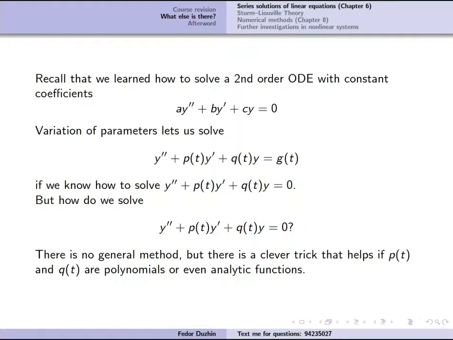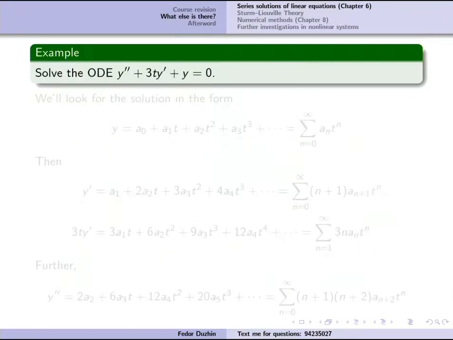Actually there is no general method, but there is a beautiful trick that very often is helpful, and a lot of the theory of so-called special functions arises from considering such differential equations.